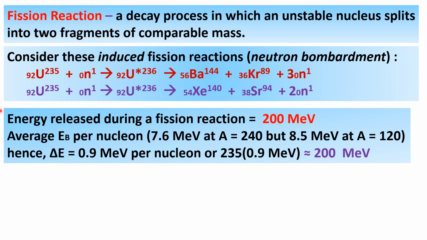Why is this so? Well, this has something to do with nuclides with very high mass numbers, such as those elements with a mass number equal to 240. The binding energy of these elements can reach up to 8.5 million electron volts per nucleon.